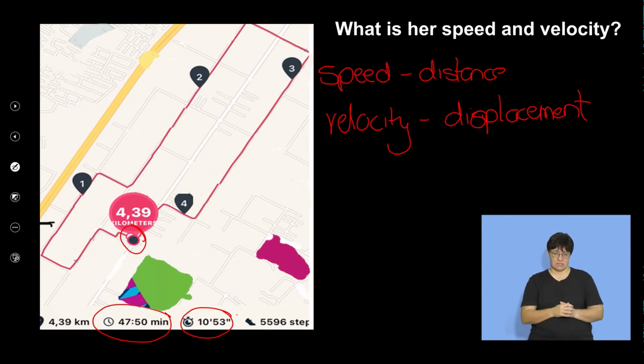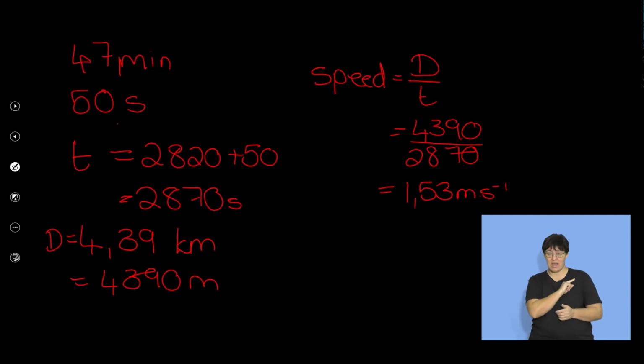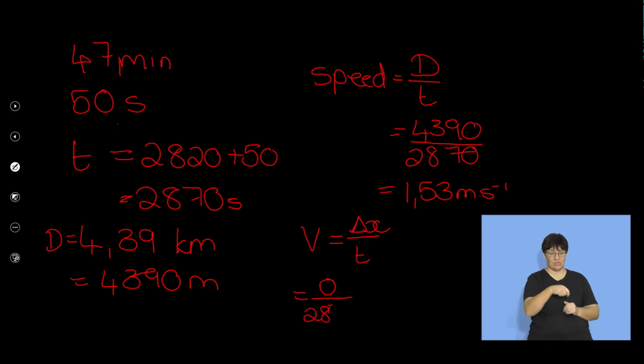This doesn't bode well. Because if I now go here and say, her velocity, which is a v, is going to be her change in displacement over time. Oh dear, she didn't go anywhere. So she went 0 for 2,870 seconds.